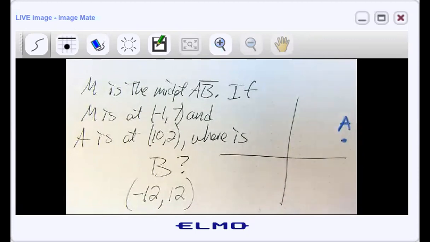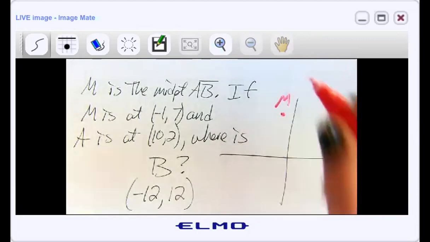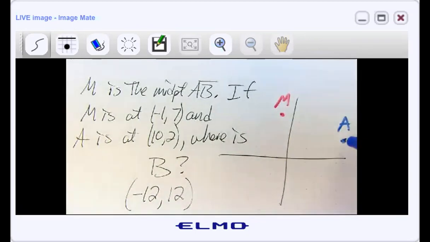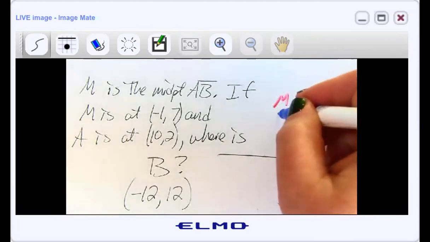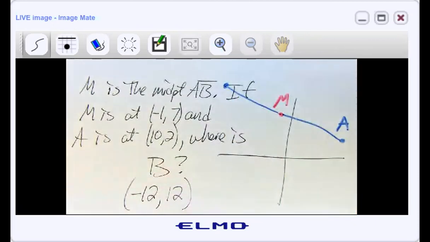And M is at -1, 7. So somewhere up here is M. I know I'm going from the endpoint to the midpoint, and then I'm going to keep going. So I know my answer is somewhere over here. But how am I getting those numbers?